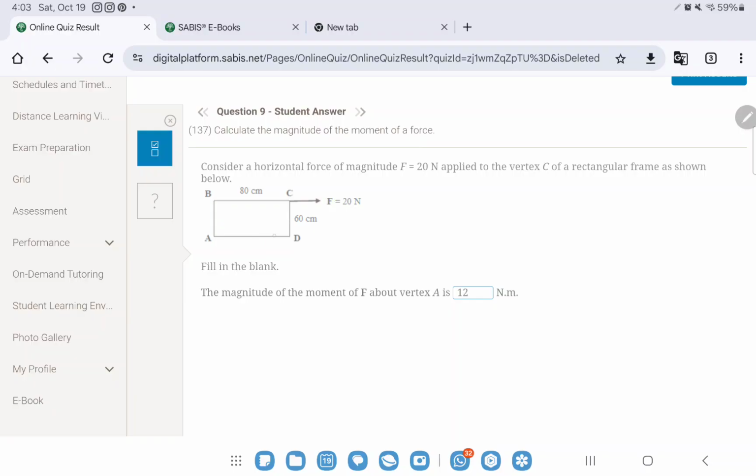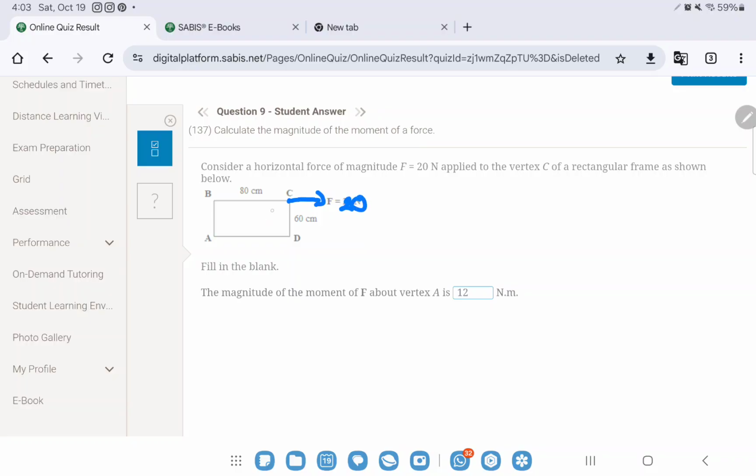Now you have this question. It's telling you you have a horizontal force of magnitude F equals 20 applied to vertex C of a rectangular frame shown below. The magnitude of the force F about vertex A is, so let's solve it. You have this force over here, and it's 20.